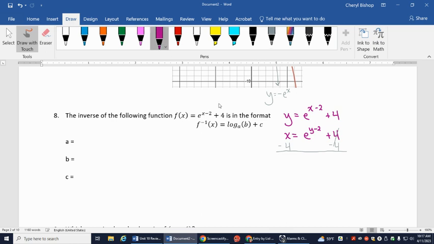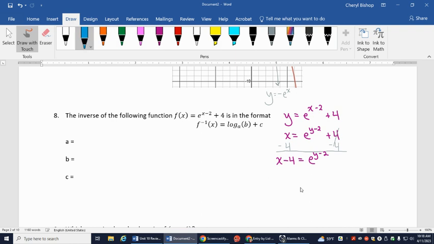So I'm going to have x minus 4 equals e to the (y minus 2). Okay, so now it's in exponential form, where I just have an exponent on one side and I have an answer on the other side.